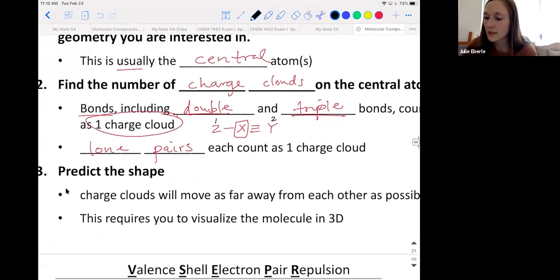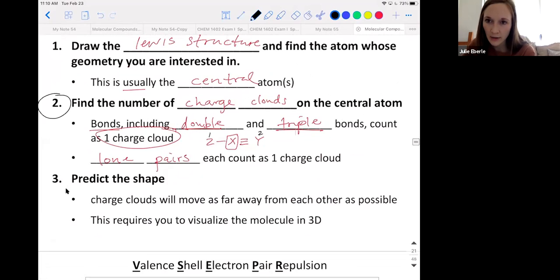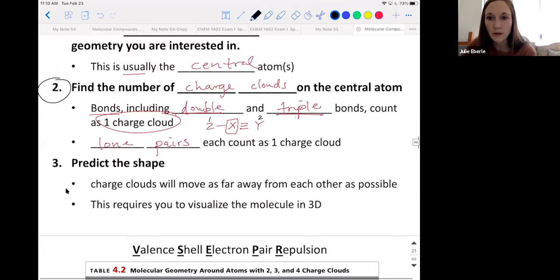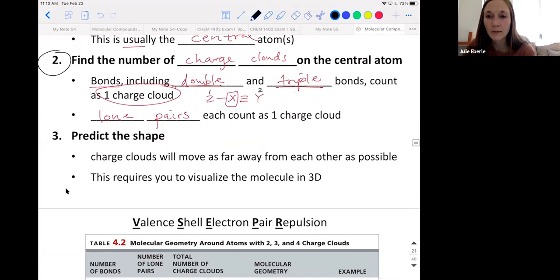But anyways, the goal is you find the number of charge clouds by counting bonded atoms or bonds, and by counting lone pairs. And you're gonna add that up and get the total number between the bonds and the lone pairs. Then you're gonna look at this table down below, and this will help you predict the shape. Because again, things move as far away from each other as possible, and that forces a certain geometry.